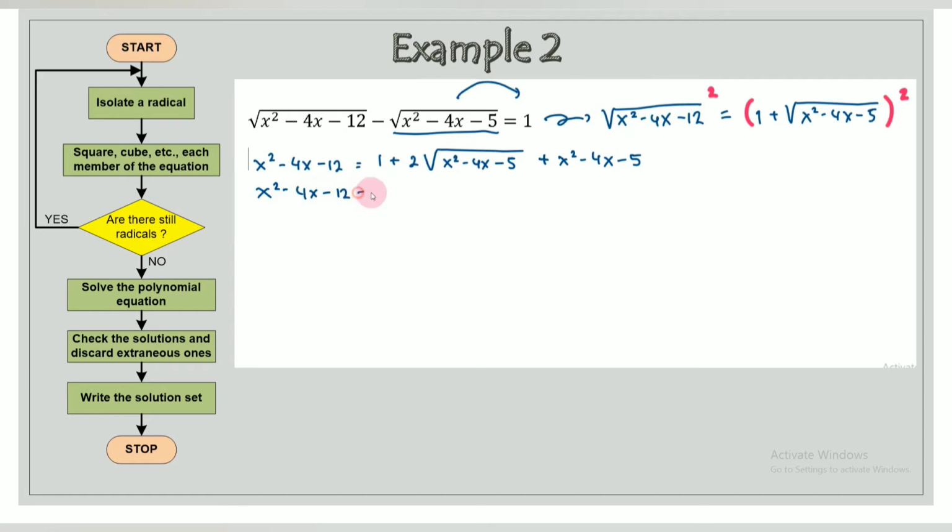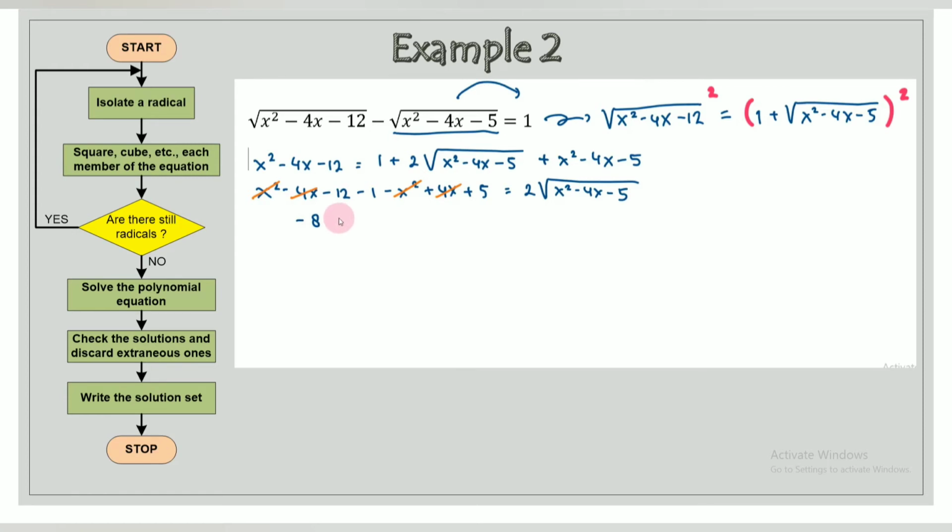So I do minus 1 minus x squared plus 4x plus 5 equals 2 times square root of x squared minus 4x minus 5. Now let us simplify the left member first, since it's quite complicated, but actually not. X squared minus x squared is 0. 4x minus 4x is 0. So what's left is negative 13 plus 5, which is negative 8.